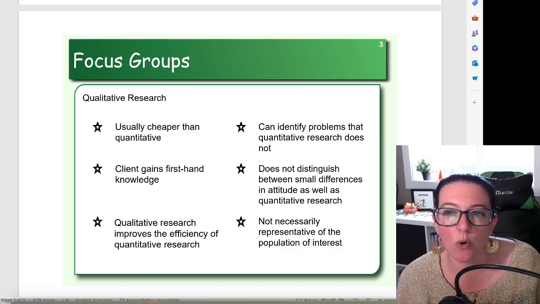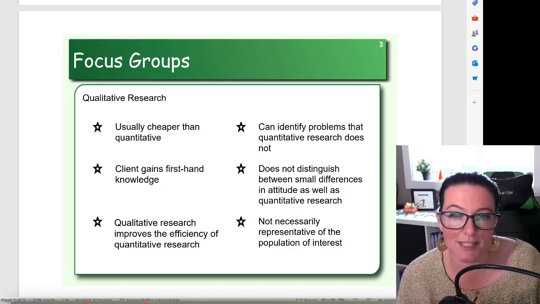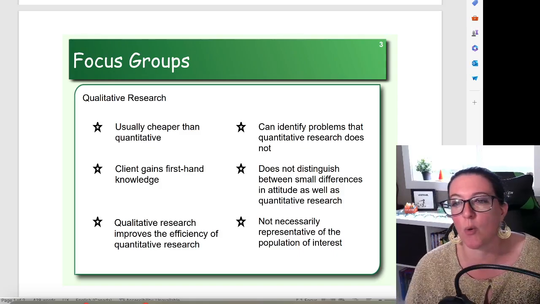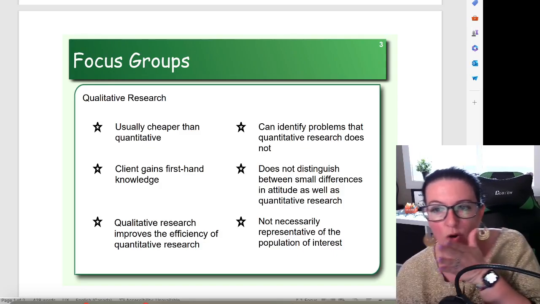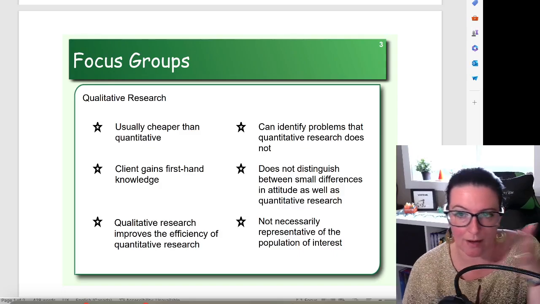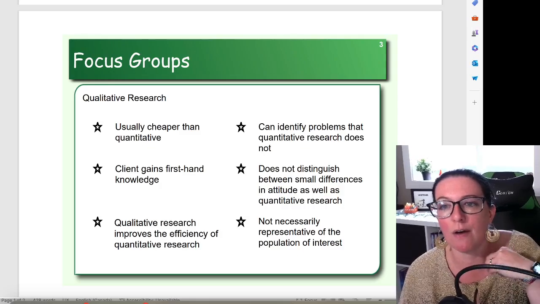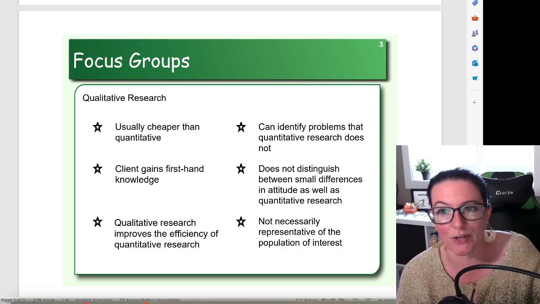The challenge, of course, with qualitative research is it doesn't distinguish between small differences in attitudes, whereas in quantitative research, we can ask a survey question and have a Likert scale or opinion scale where you strongly agree and strongly disagree and all the steps in between. We can measure the level of opinion, how strong or how weak it is, with that standardized scale in a survey.